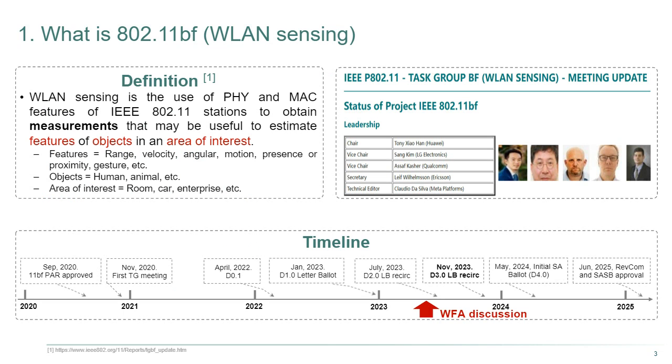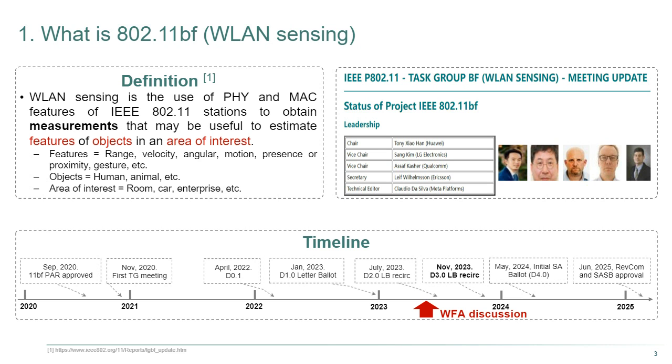Yeah, so the progress, I think I basically mentioned already. In November last year, we released our latest draft, draft 3.0, which is a relatively very stable version of the standard.